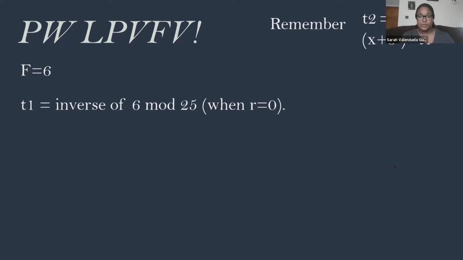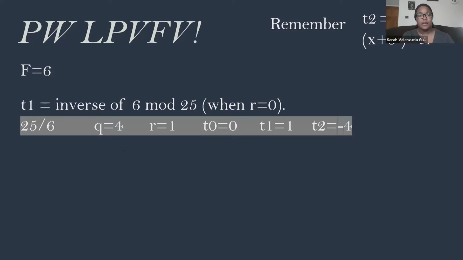So this one is going to be minus 4. What happens next? So our B turns into A, our reminder turns into B, quotient equal to 6, reminder equal to 0, T0 turns into T1, T1 turns into T2. Our reminder is 0, so our desired value is minus 4.